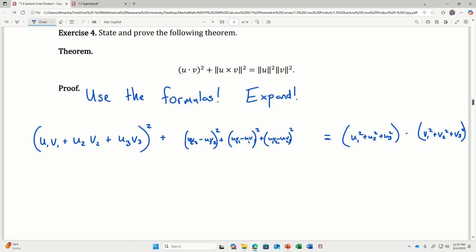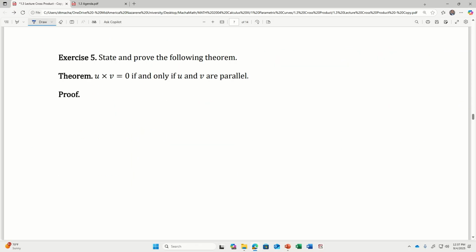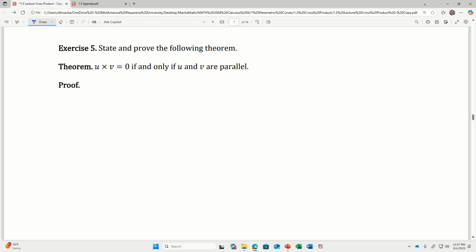But that's what it would look like. So that's an important formula for talking about something like this. This statement is u cross v equals 0 if and only if u and v are parallel.